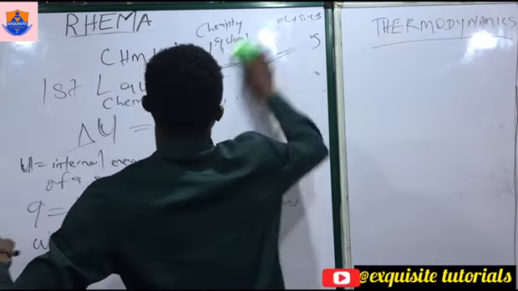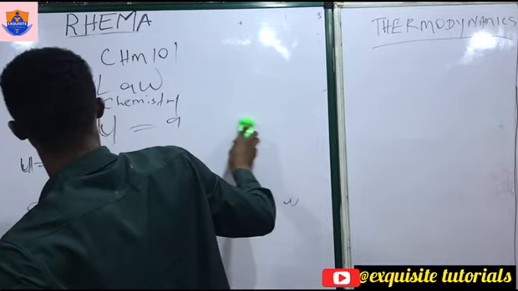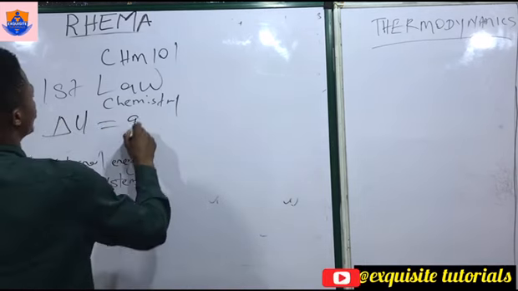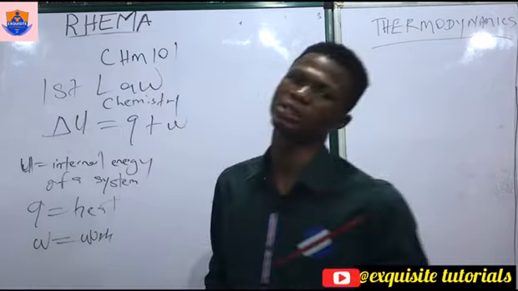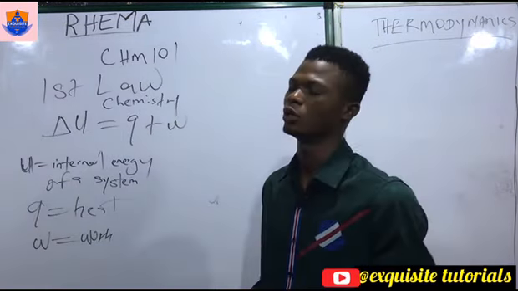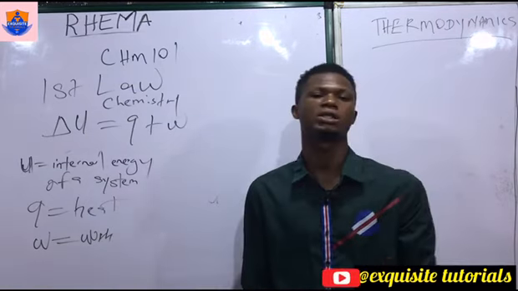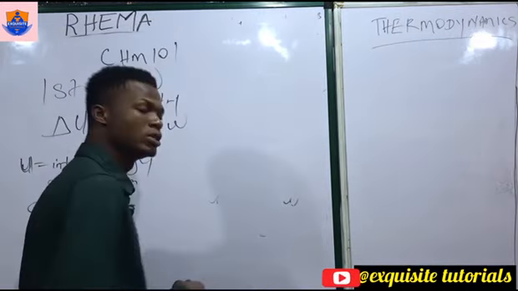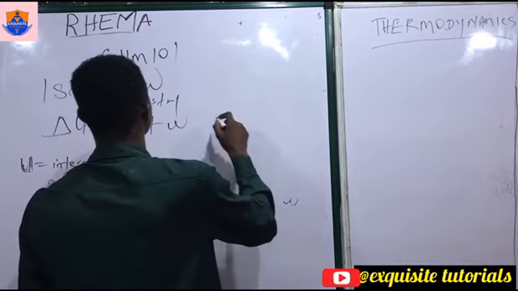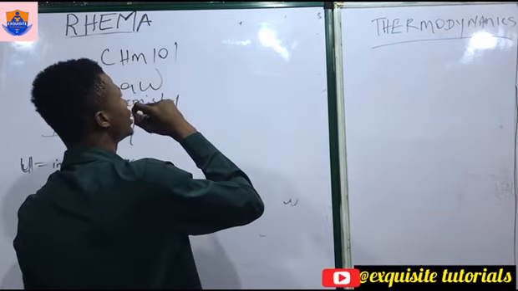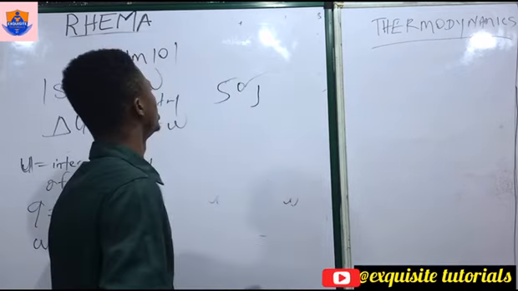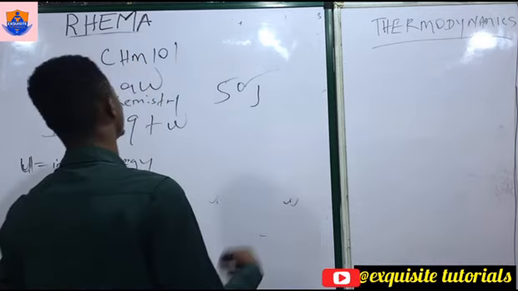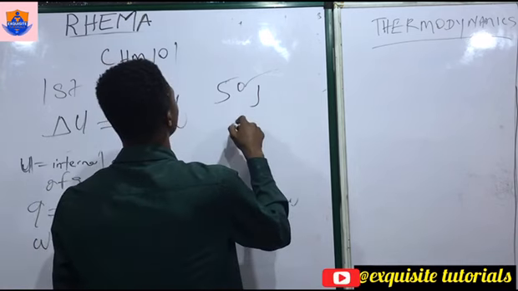So since we are talking about chemistry, we are going to be using our equation for chemistry, which says that ΔU is equal to Q plus W. Now let's say, for example, you are given a question like this: what is the internal energy of a system if the work done on the system is 50 joules and the heat transferred into the system is, let's say, 2.